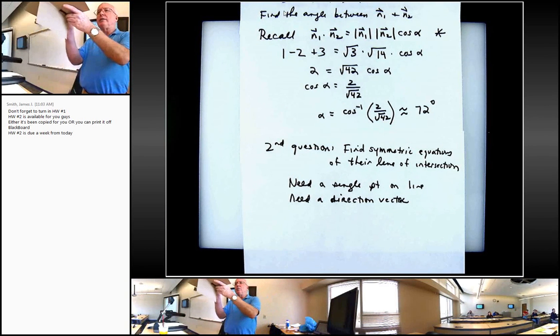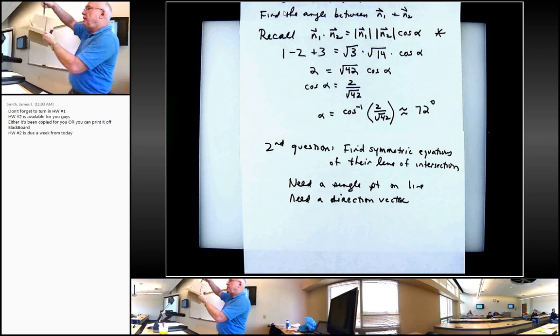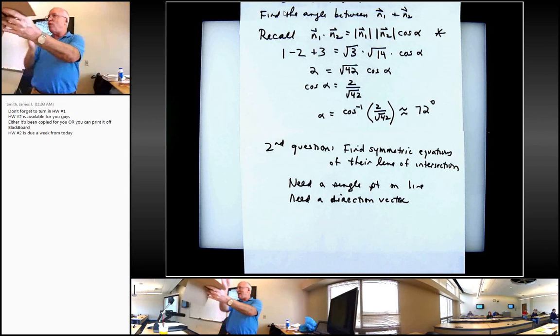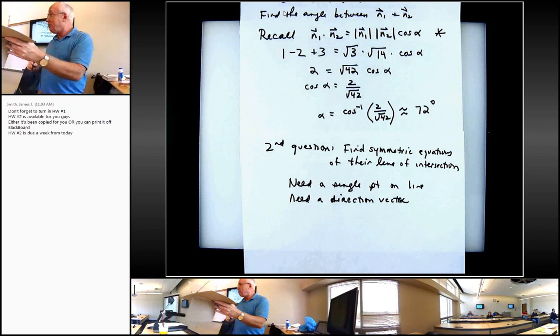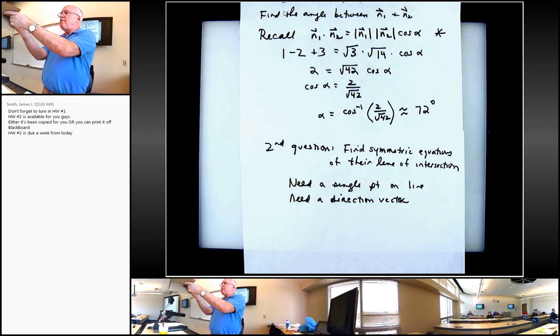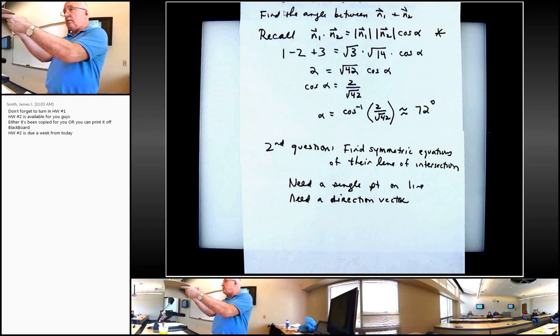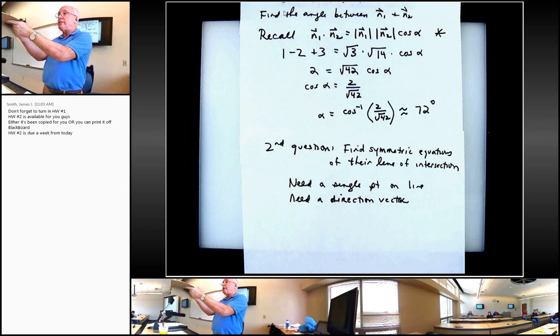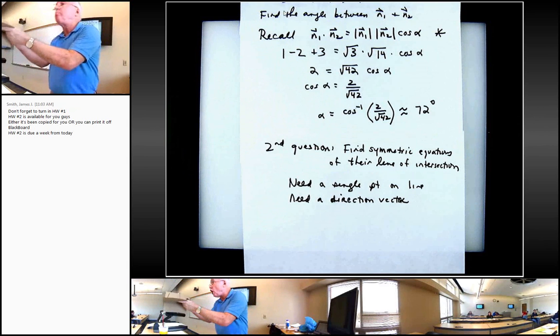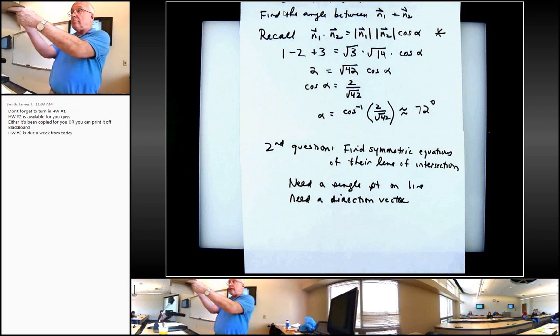Now, the direction vector is going to be something that goes in the direction we shoot that line out. Notice we have these two planes, and two vectors that are 90 degrees to each one of these planes. Our line of intersection is on both of those planes. That crease in the middle is on both planes.